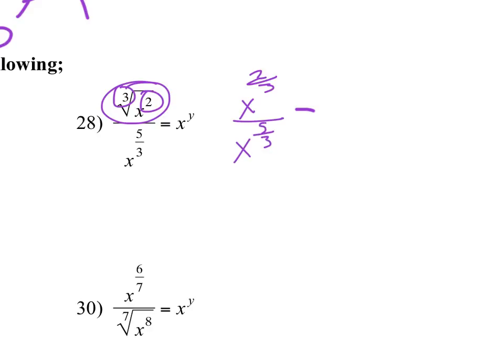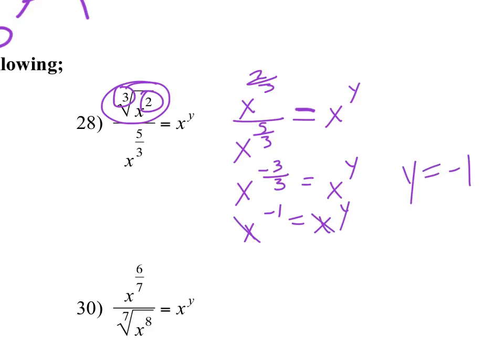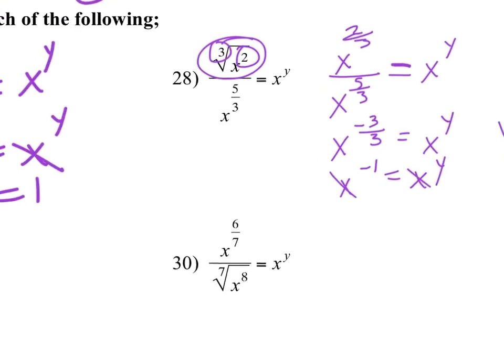So then we're dividing, make that an equal sign. When you're dividing, you subtract your exponents. So when I subtract my exponents, I get x to the 2 minus 5 is -3 over 3. So this is x to the -1. Bases drop out, and y is -1.